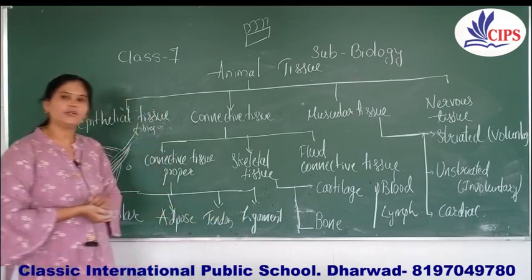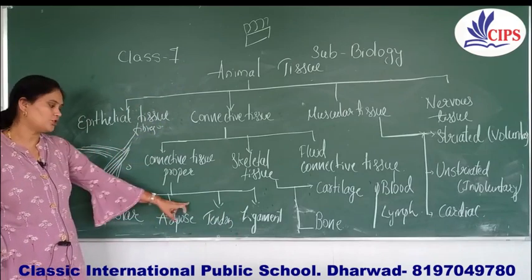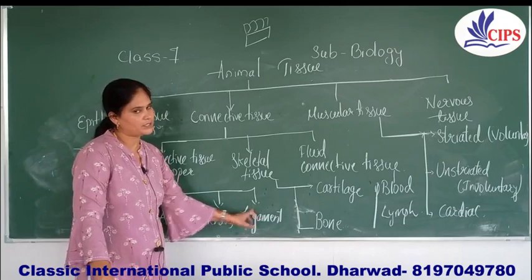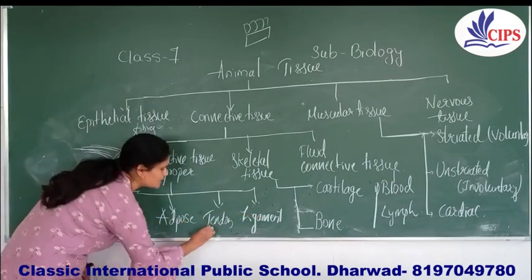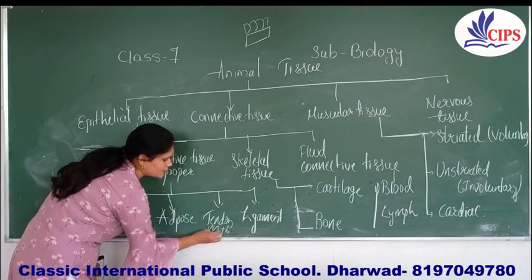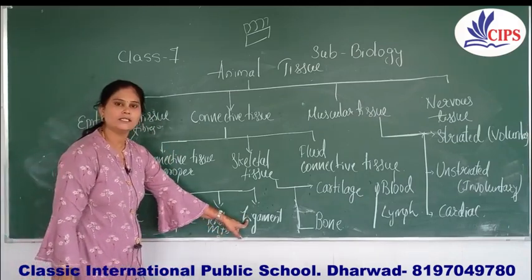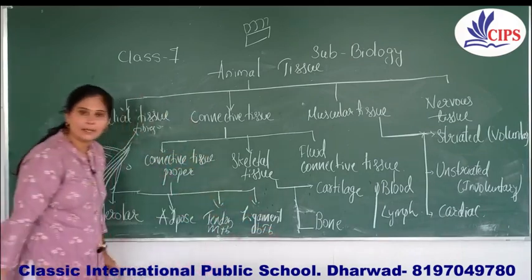Generally in your exams, it is a very common question, they will ask the difference between tendons and ligaments. So how will you remember? Tendon connects muscle to bone, that is MTB, muscle to bone. And ligament connects bone to bone, that is BTB.